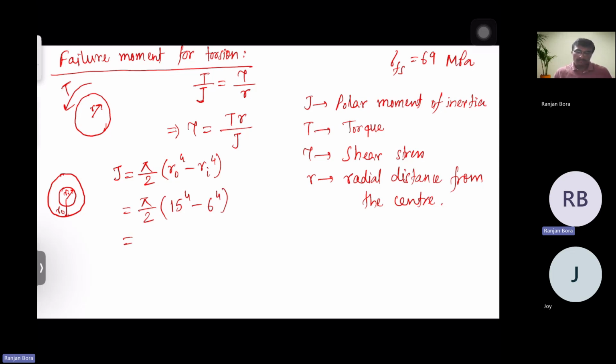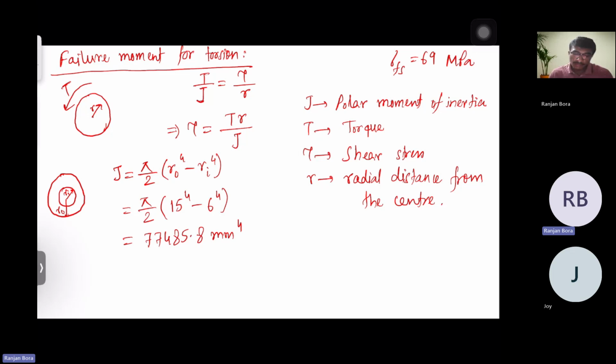This will be equal to 77485.8 mm to the power 4.